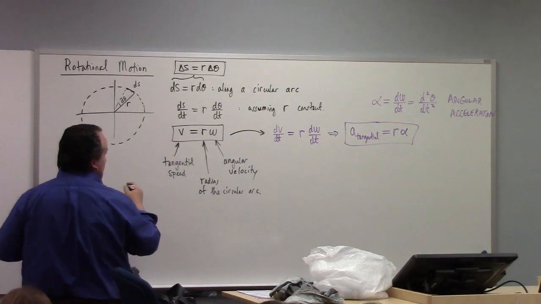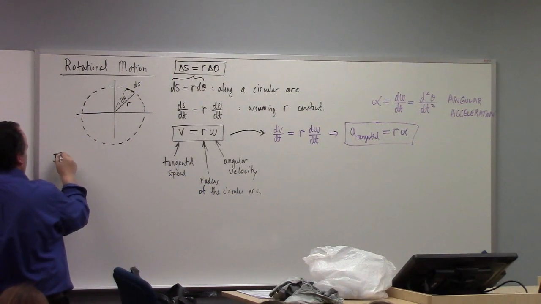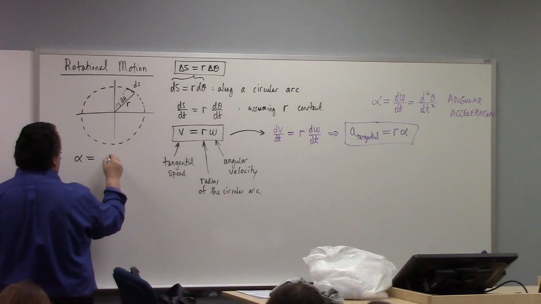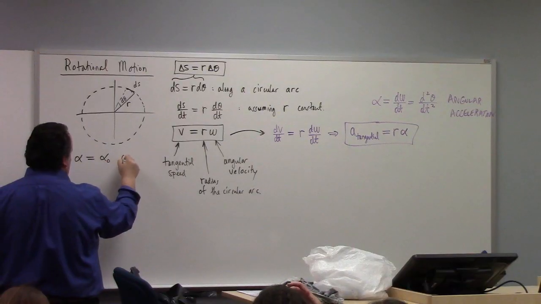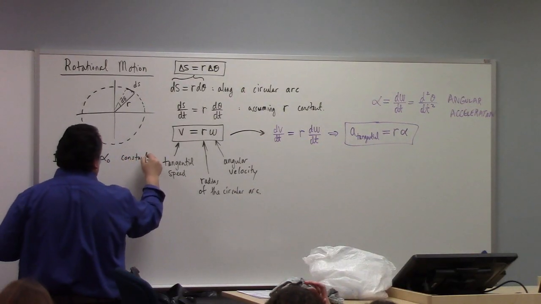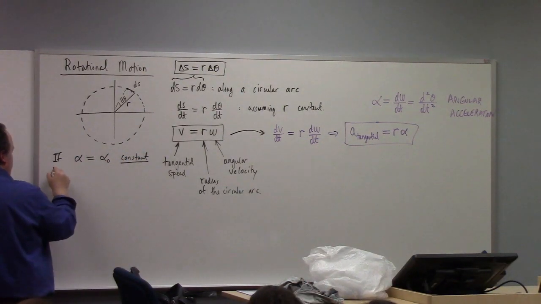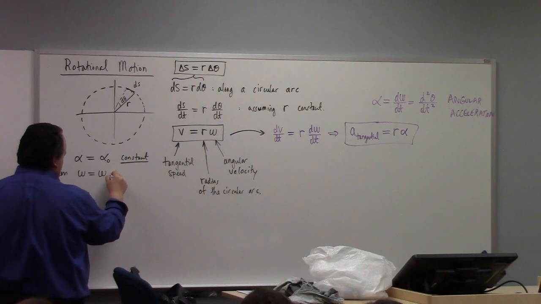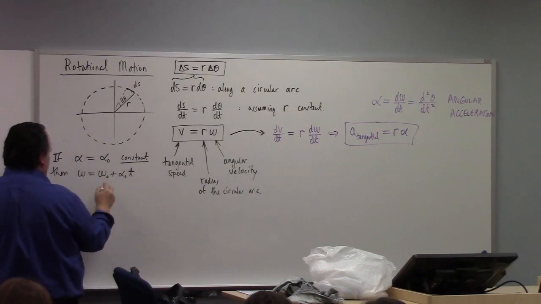So let me go through some calculus here. If alpha is equal to alpha naught, which is constant, then we have omega is equal to omega naught plus alpha naught t.